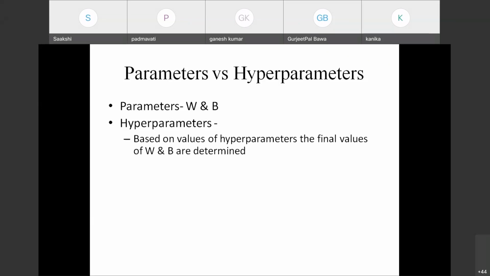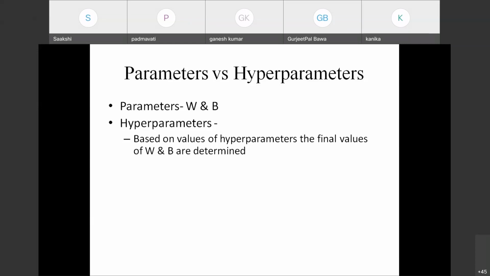Based on these hyperparameters, the final values of B and W are determined. Now if I change the values of W and B to some extent, if I just fine tune the weight values, forget about the biases for now, consider weight values.